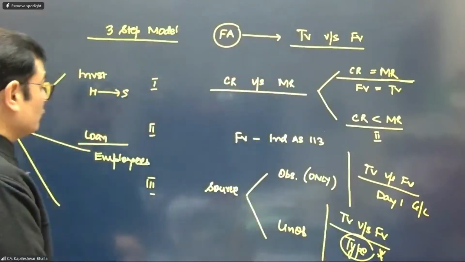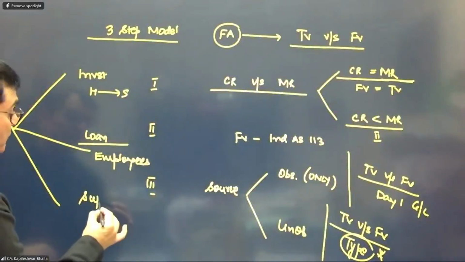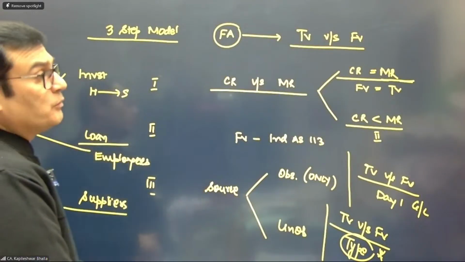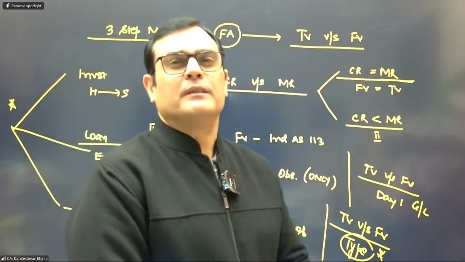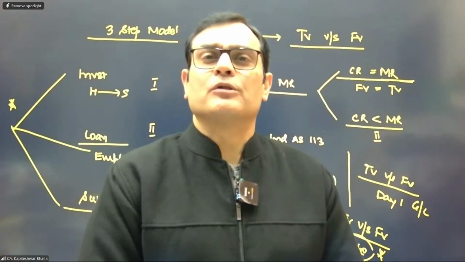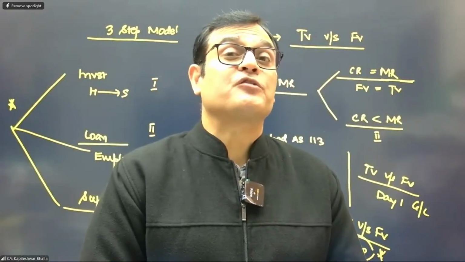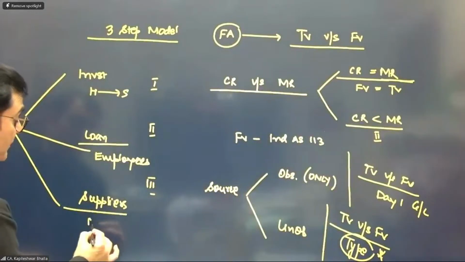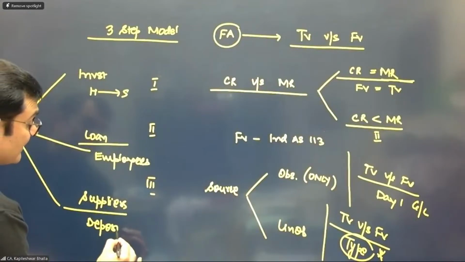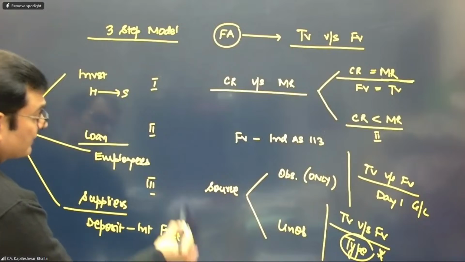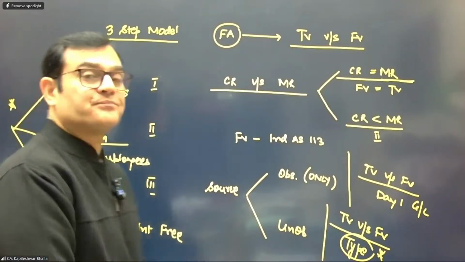The tendency would be that you make some security deposits with them, and they will not pay you interest on those deposits. They might be interest-free deposits. So with the suppliers, when you give them deposits which are interest-free, this will also lead to a difference in a transaction and a fair value.